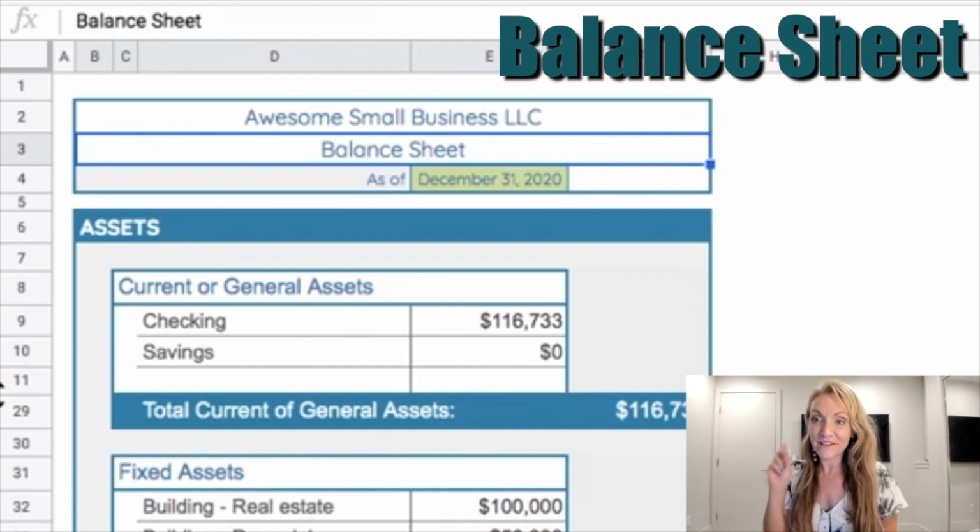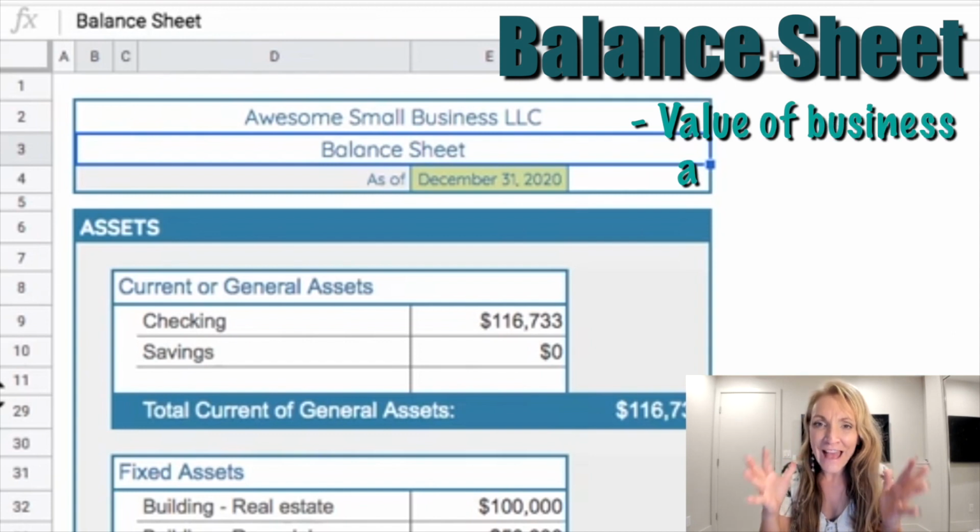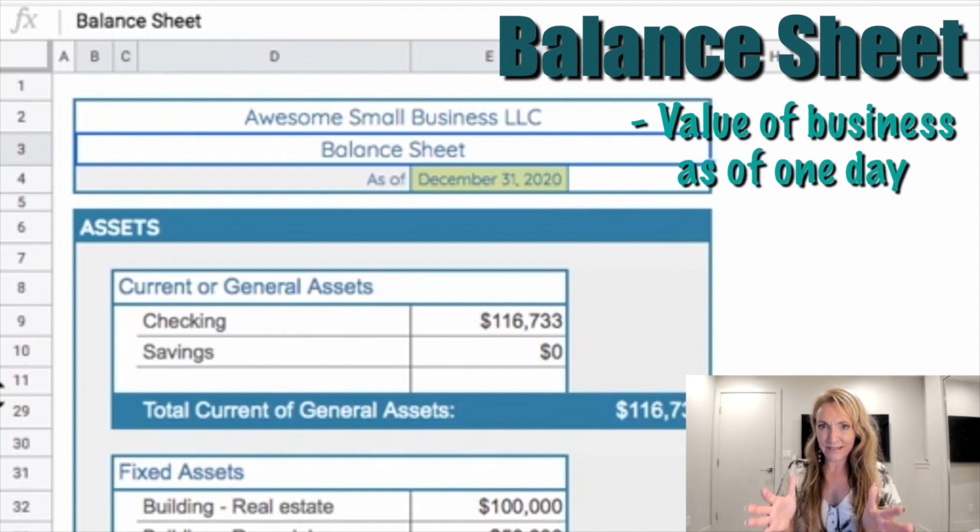Now, that day hasn't come yet when I'm recording this, but regardless, it's telling us one day in time. The balance sheet only represents one day in time, and therefore it's a snapshot of the financial ownership and liabilities of the company. It's a total picture of the value of the business as of this day.